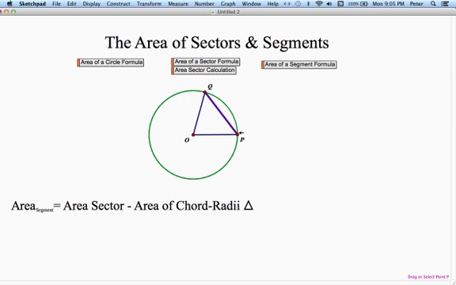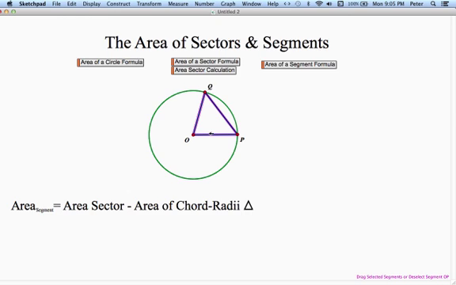So imagine the sector that we just talked about, sector QOP, which would be bounded by this arc and the two radii, is a piece of pizza. The segment is kind of like the crust on the pizza. So in order to find its area, we find the area of the sector and then take away the area of this triangle formed by the chord and the two radii.